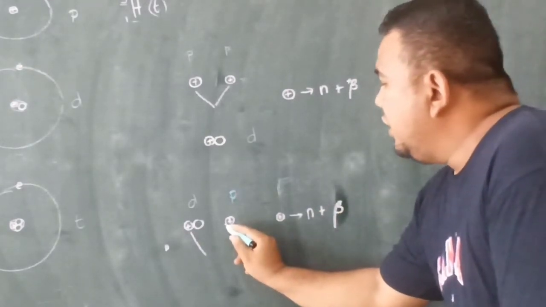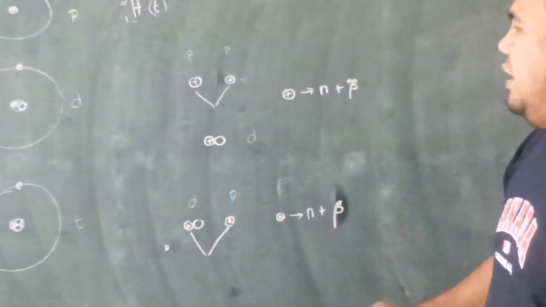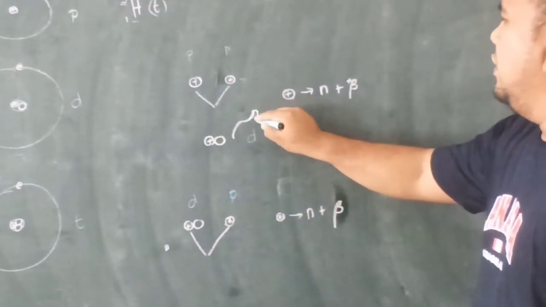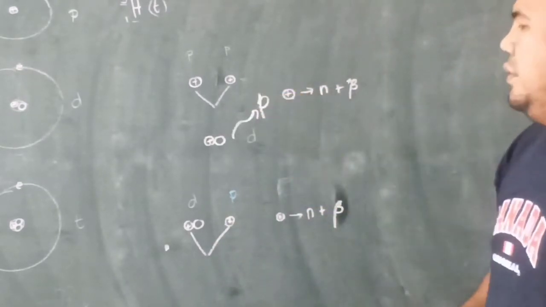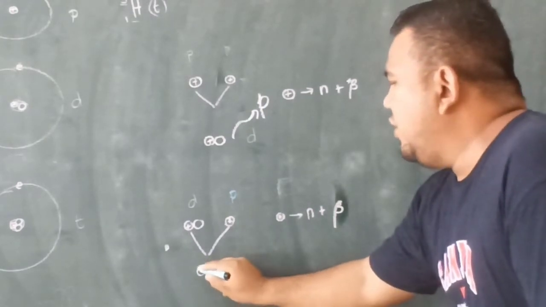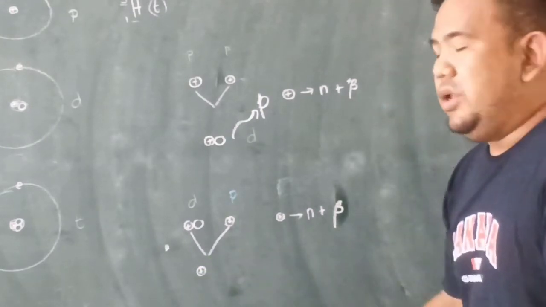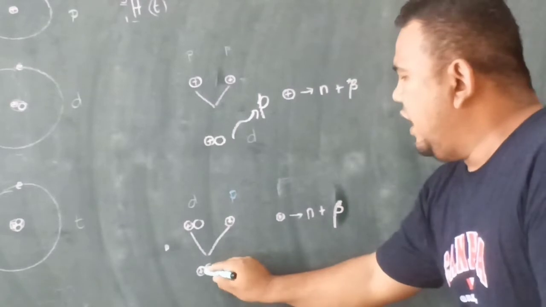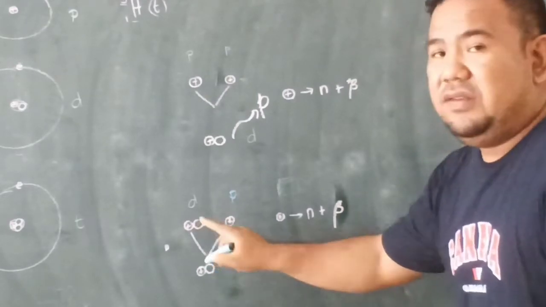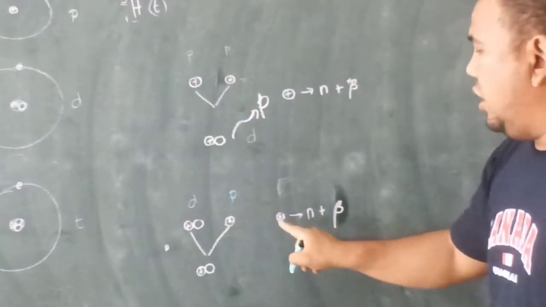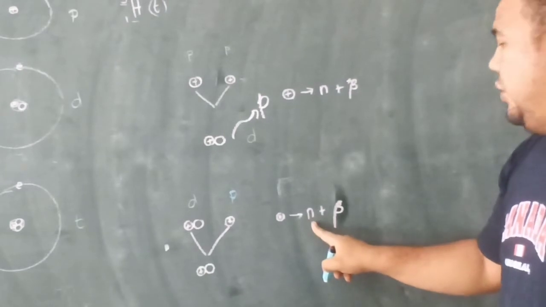So, your proton here becomes a neutron already. So, you have one proton, which is this, one neutron, which is this, and this proton here was converted into a neutron.